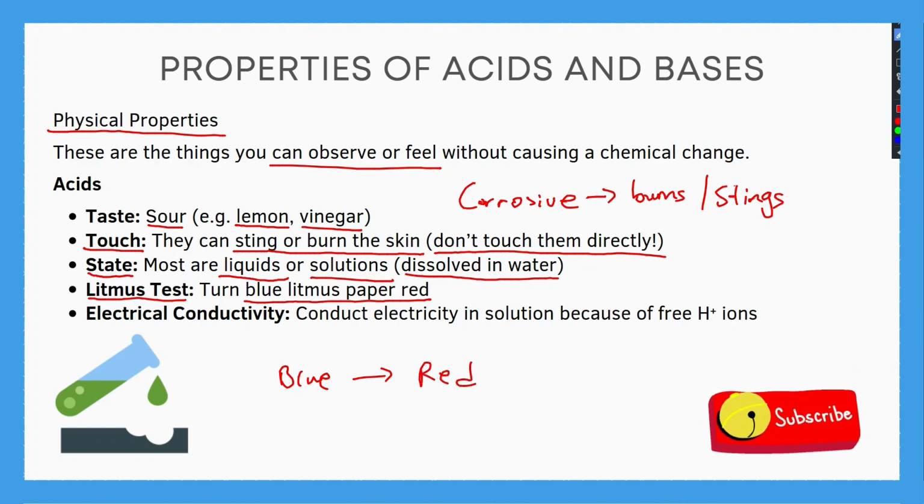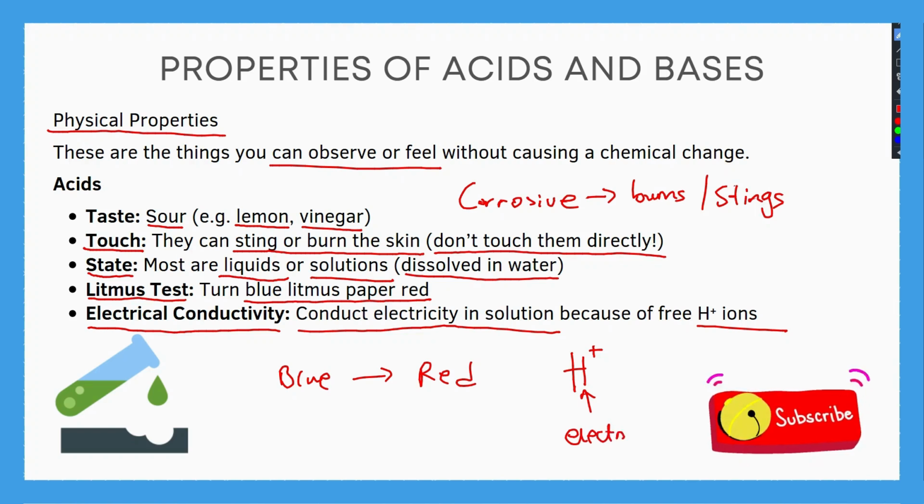And the final physical characteristic of an acid is that it can conduct electricity in solution. Why? Because of the free hydrogen ions. Remember, when an acid is dissolved in water, one of the things it produces is hydrogen ions, and because of these ions, it can conduct electricity.